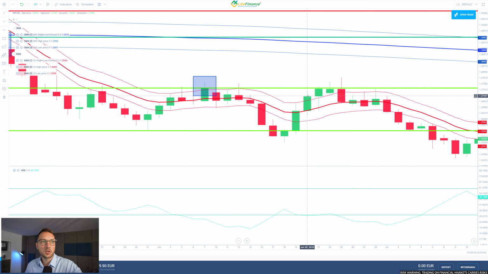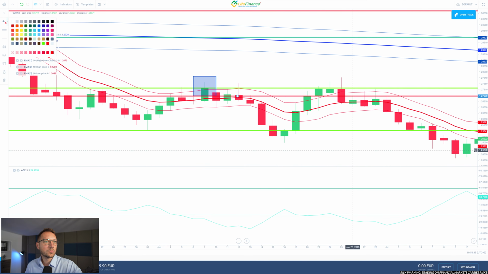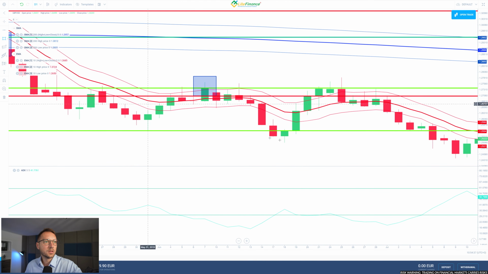So we would be stopped out over here with this candle. You need to have that in mind, that it is not a holy grail as everything else. As you can see, this strategy is not a holy grail, but it is very simple to use. It is based on a couple of the indicators, and the rules are very straightforward and easy to follow.